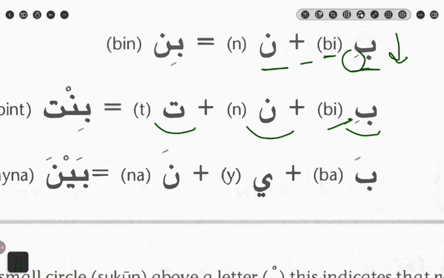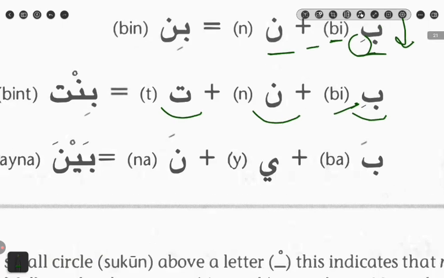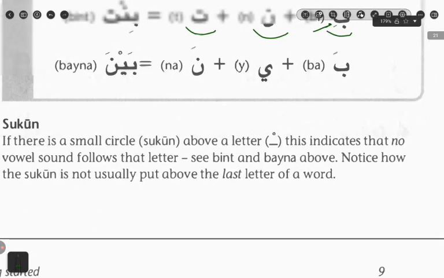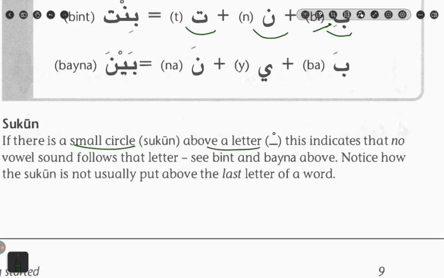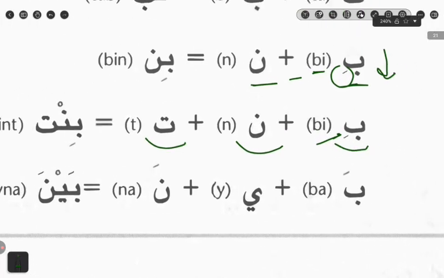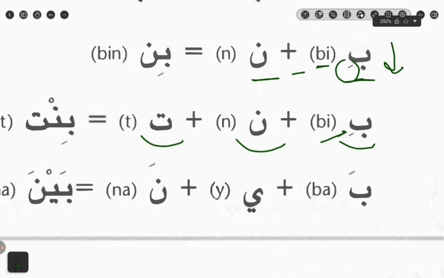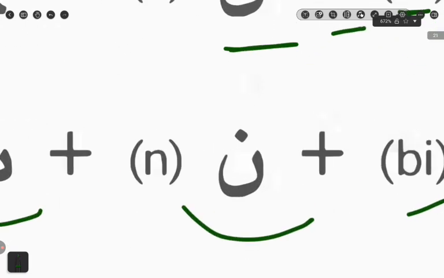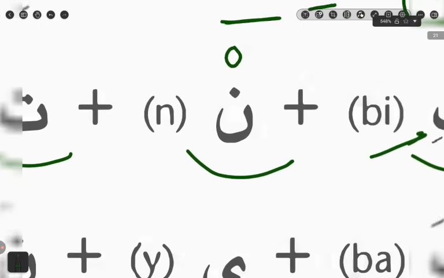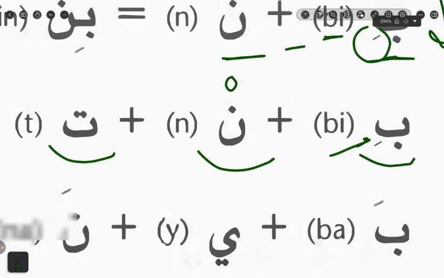But what do I mean by sukoon? Sukoon is a small circle above the letter, which indicates literally no vowel. And sukoon is usually put above the middle letters, not the last letters. Here we have kasra below ba, and then we have sukoon, which looks like a circle above the middle letter, so it will pronounce it like this, bin.